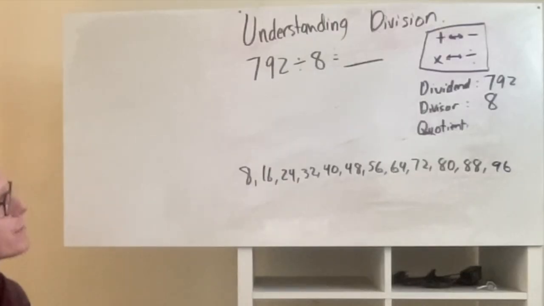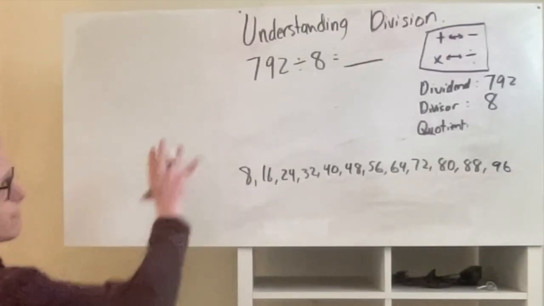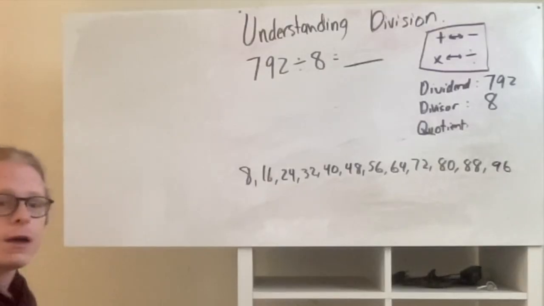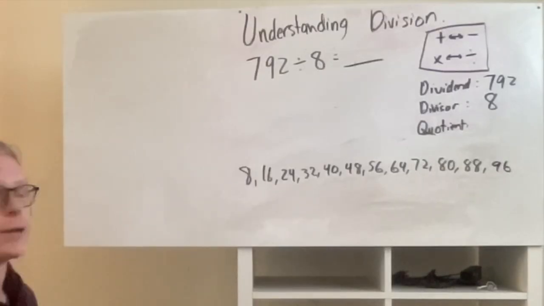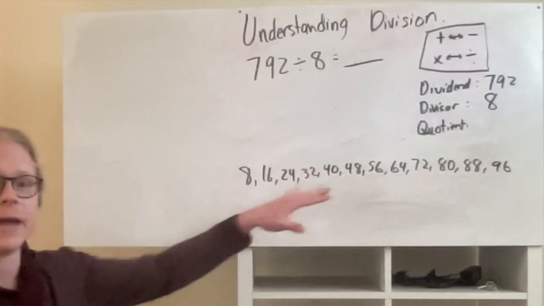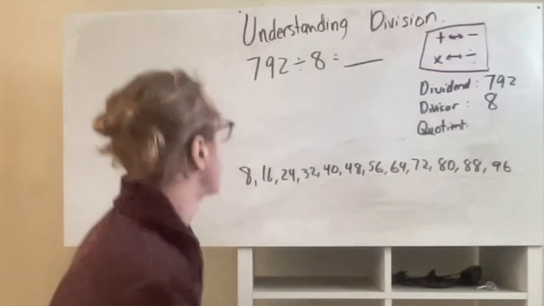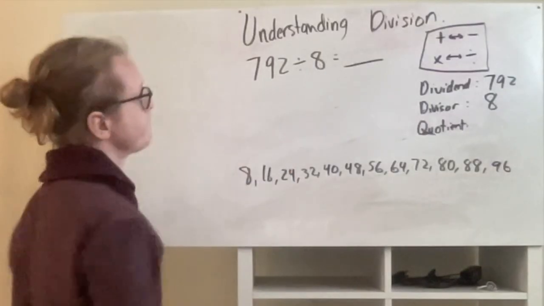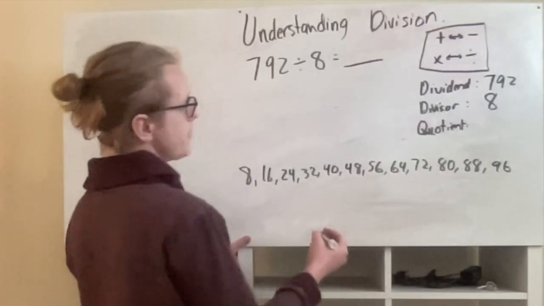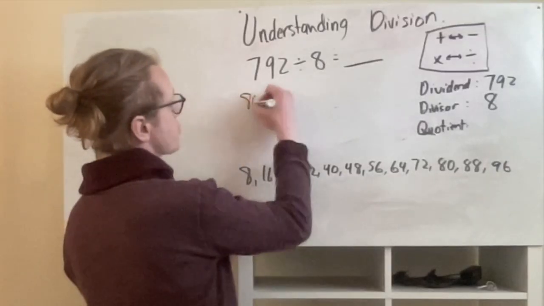So here we're going to have to combine what we have learned about division with our understanding of the powers of 10 and how we can use our times tables and the powers of 10 to know even larger multiples of a certain number. So I look at 792. 792 is pretty close to 800.